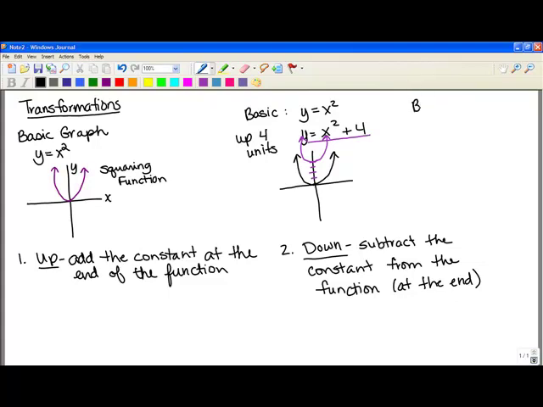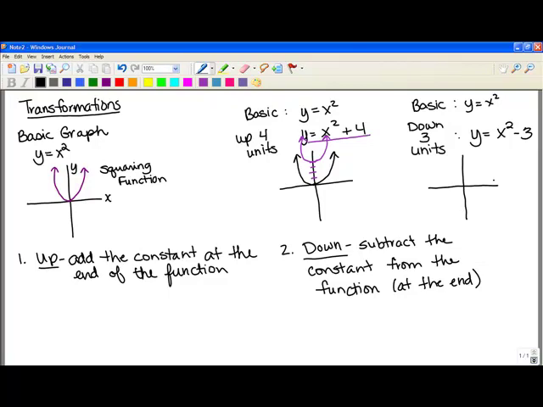For example, we'll use the same basic graph of y equals x squared. And let's say this time we want to move it down 3 units. Okay, now you should be able to write the equation. The equation moving this down would be y equals x squared, and then we subtract our constant at the end, so we have minus 3.